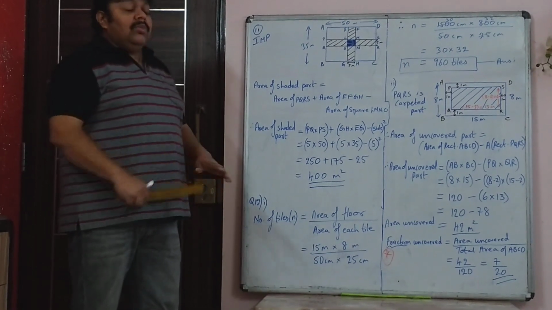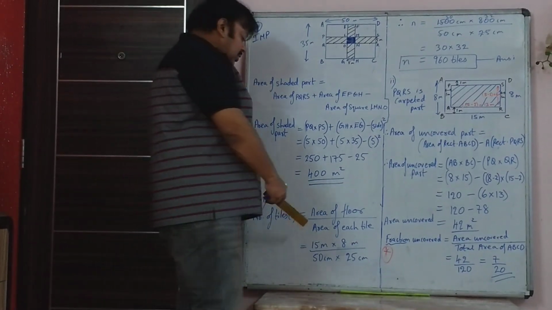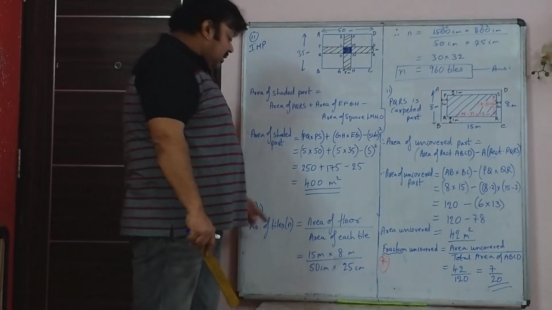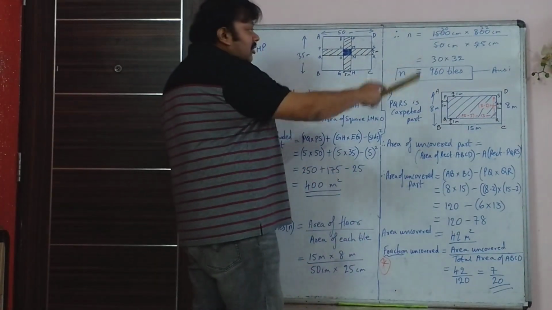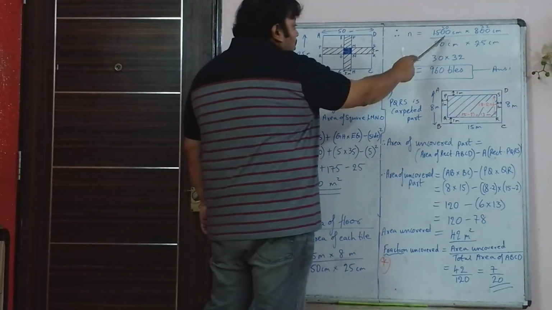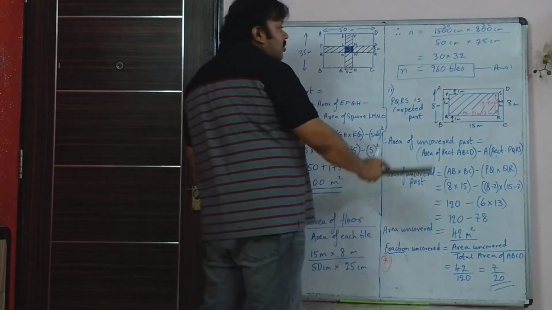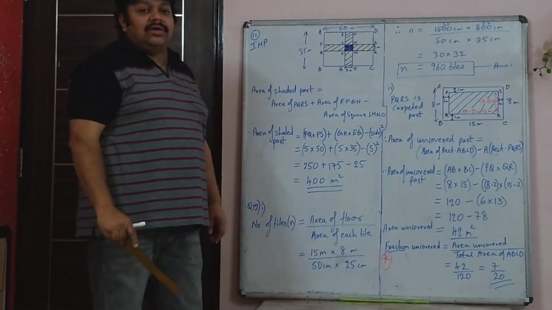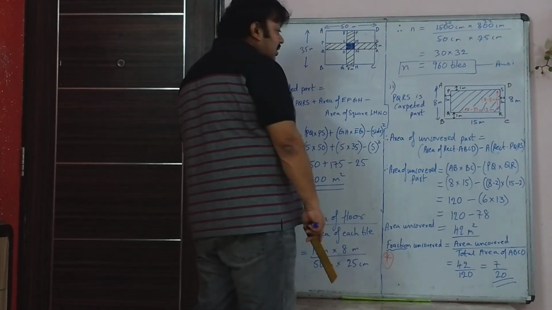Either way, both numerator and denominator should be in the same units. So it becomes 1500 centimeter into 800 centimeter upon 50 centimeter into 25 centimeter. On doing the calculations, it becomes 30 and 32. So when you multiply, 30 into 32, you get 960 tiles.